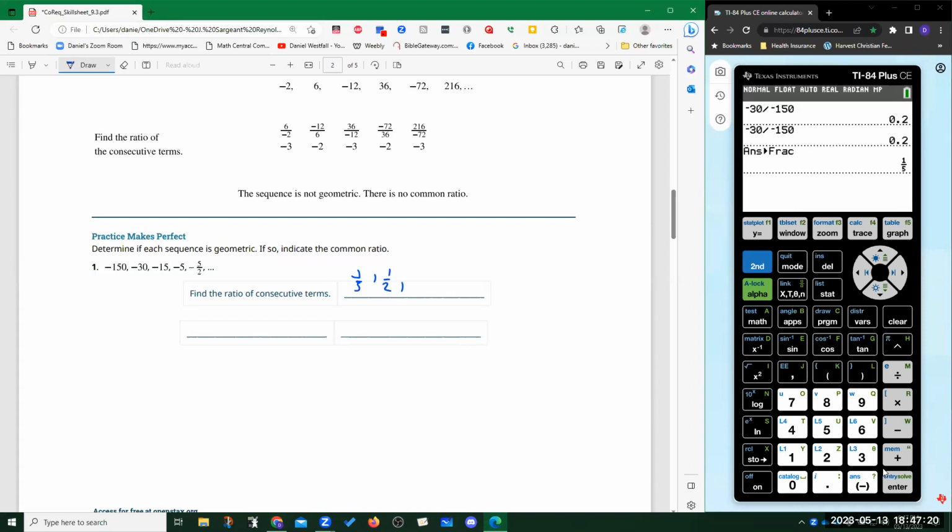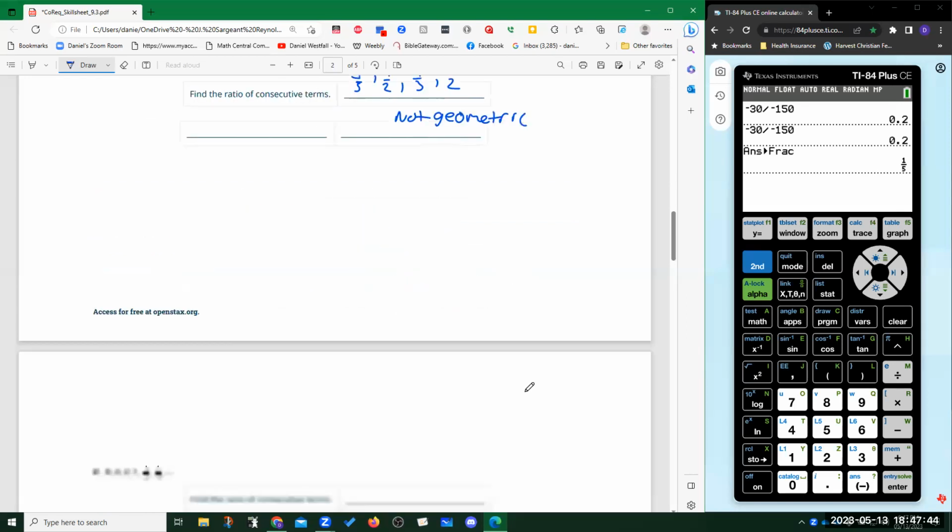And then -5 divided by -15, that's going to be 1/3. -5 halves divided by -5 is going to be 1/2. So this is not geometric because you have different r values going on there.